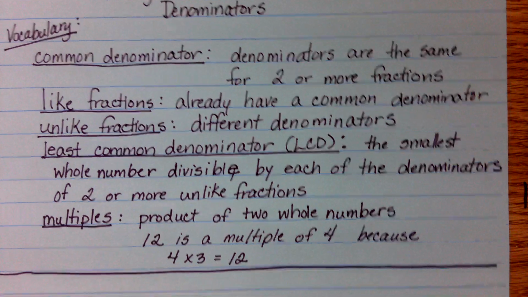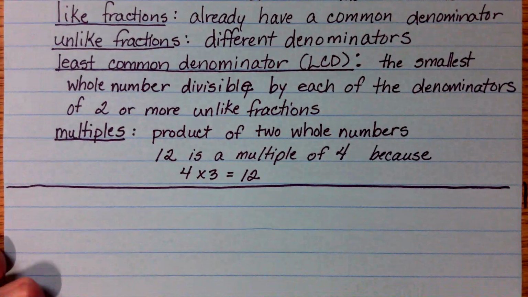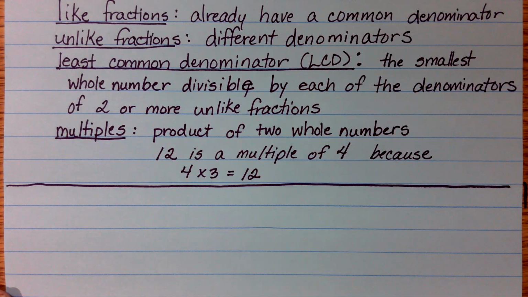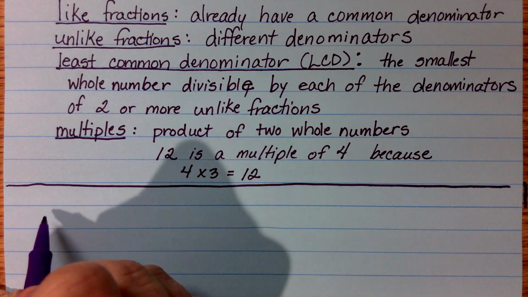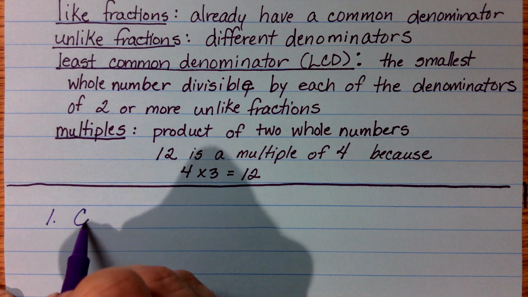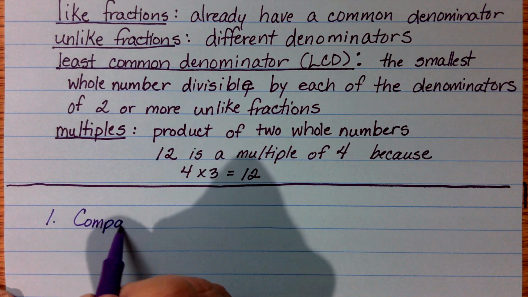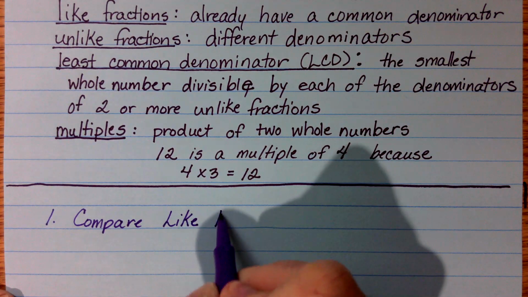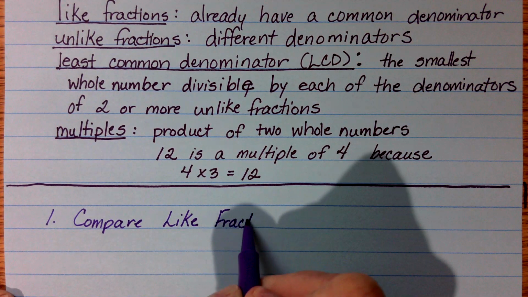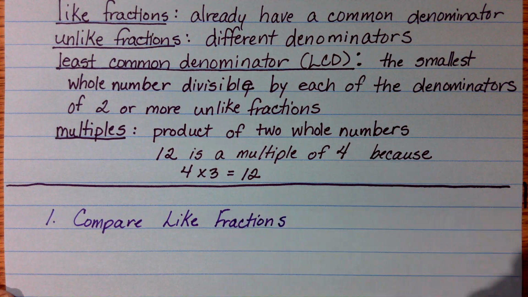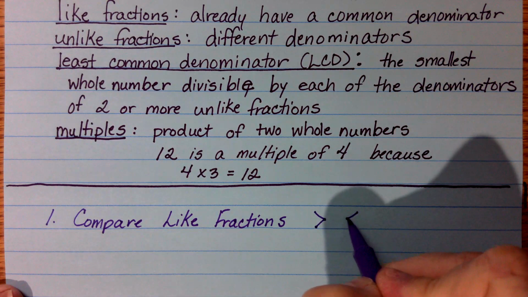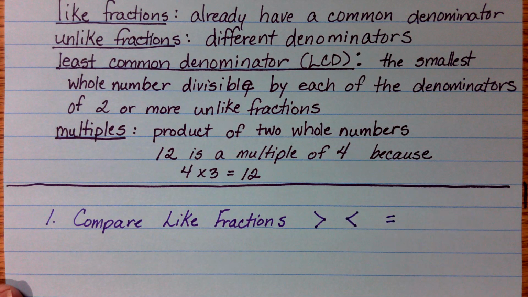All right, so we're going to talk about right now what to do to compare two fractions that are like. So compare like fractions. And we're going to use the same symbols that we use to compare whole numbers and decimals. It's the greater than, less than, equal to signs.